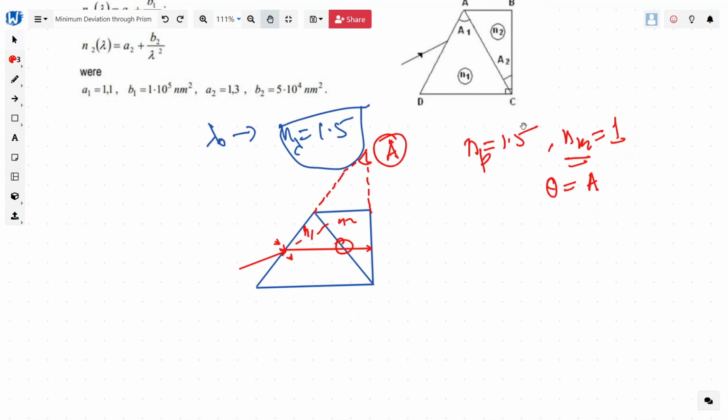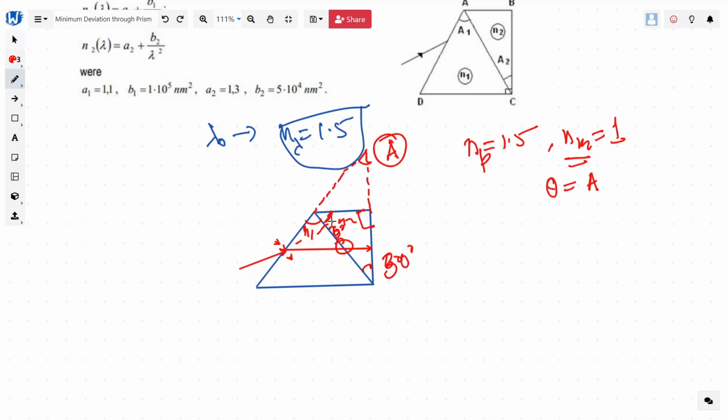Now, to find A, let's do some simple geometry, and hopefully we'll find A pretty quickly. They said this is 60, this is 30, this is 90. Sorry, this is 30.